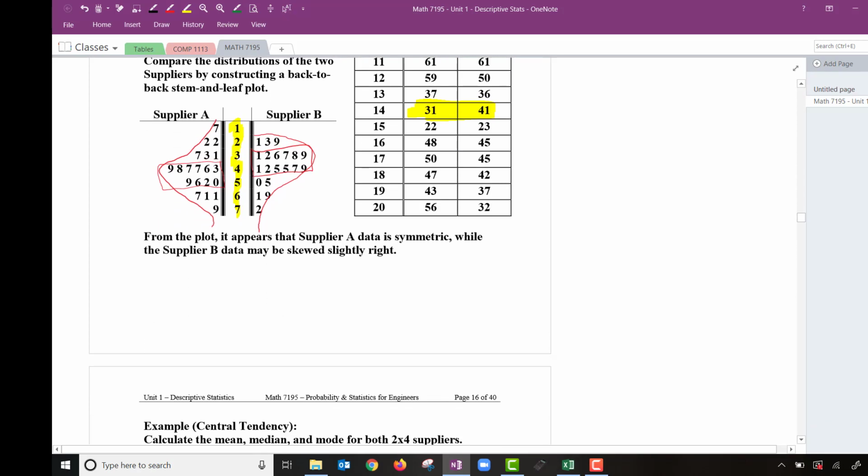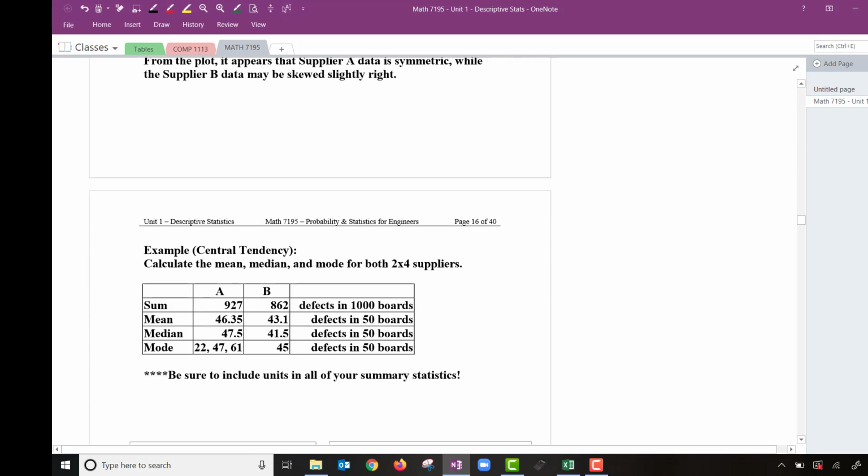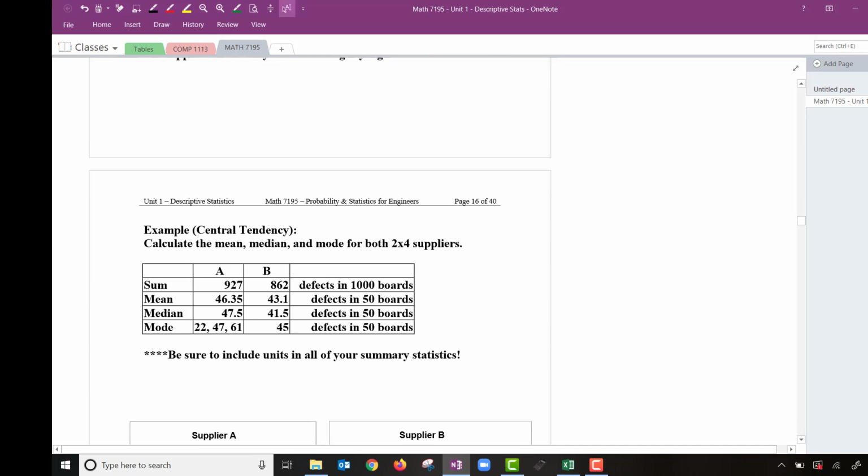So I made a little chart. I decided to calculate the mean, median, and mode for both companies. In order to get the mean, I needed to add up the total number of defects for each one, and that is a stat in itself.